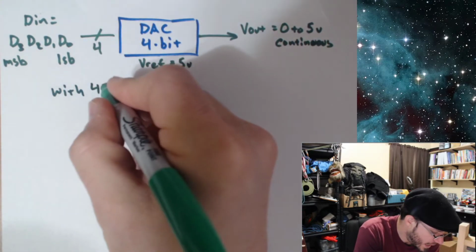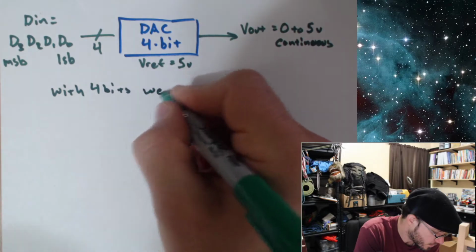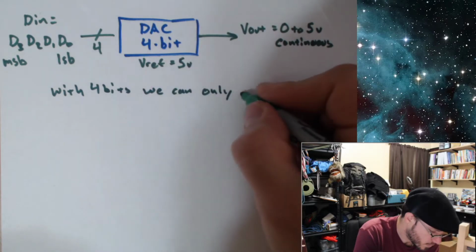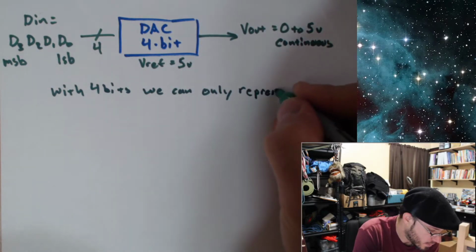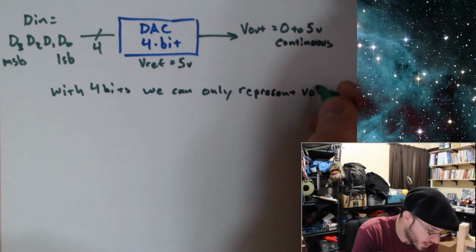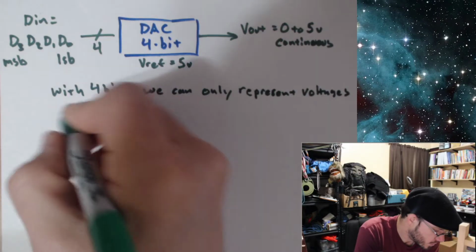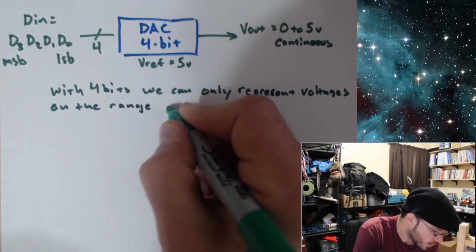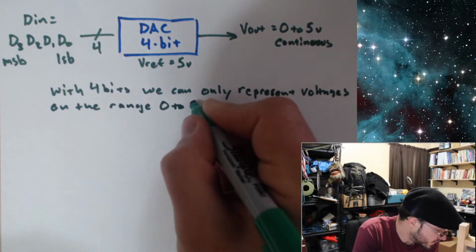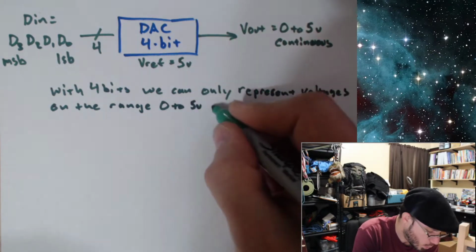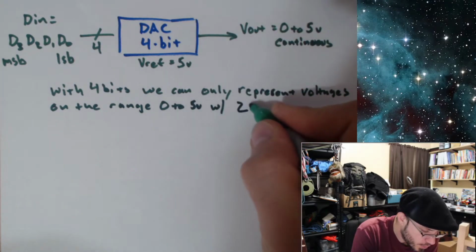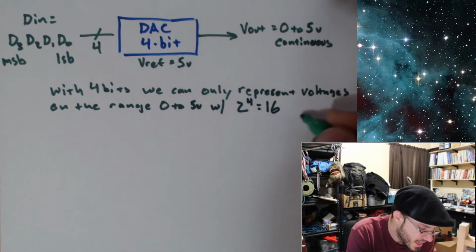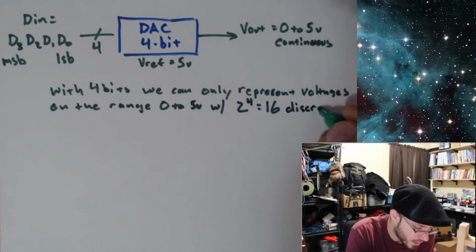So let's say with 4 bits, we can only represent voltages on the range 0 to 5 volts with 2 to the 4 or 16 discrete values.